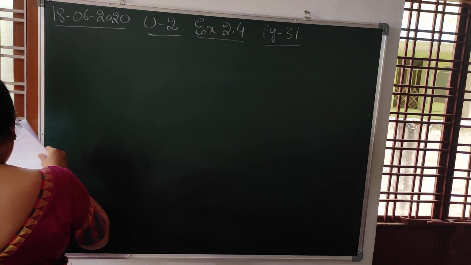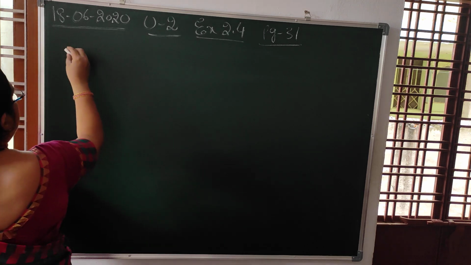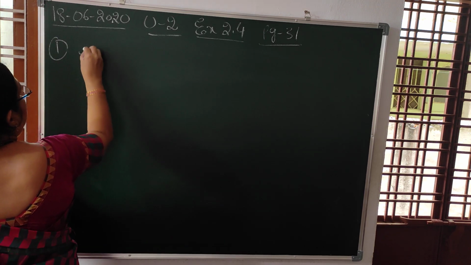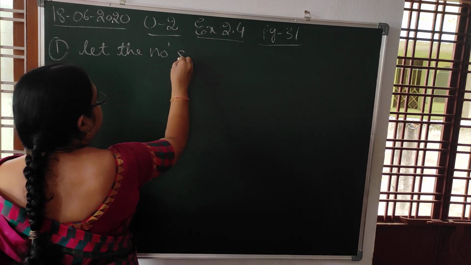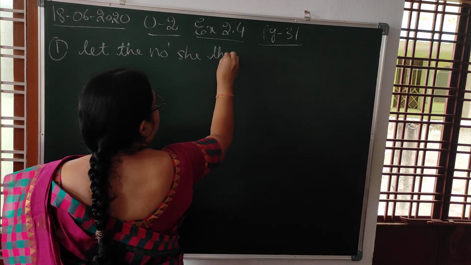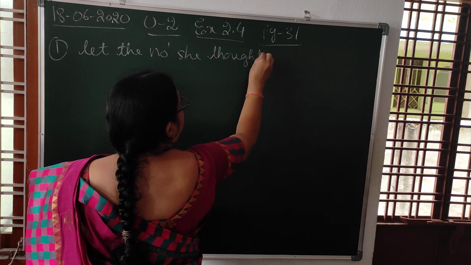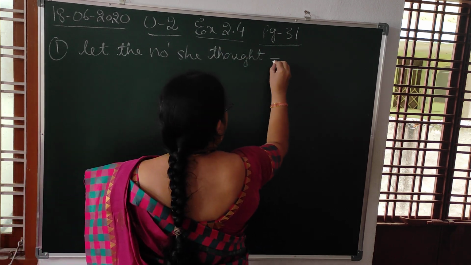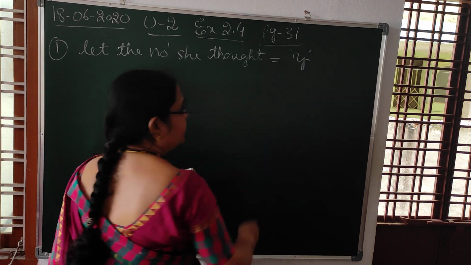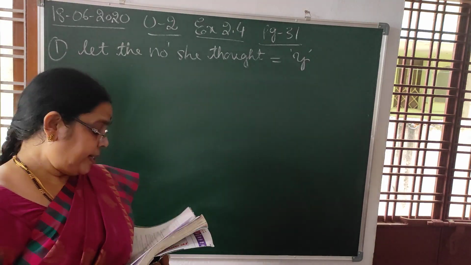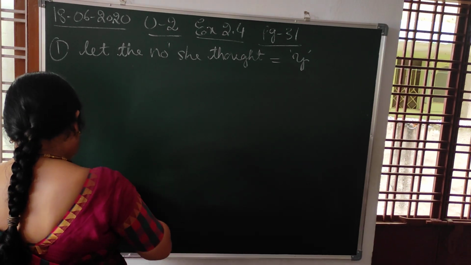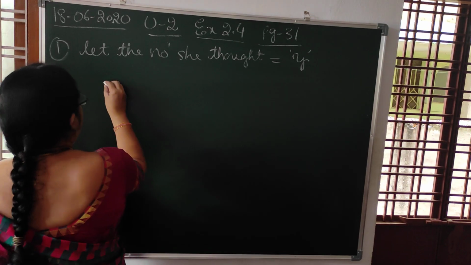So let the number she thought be equal to y. Let it be y. Then what did she do? She has subtracted 5 by 2 from that.